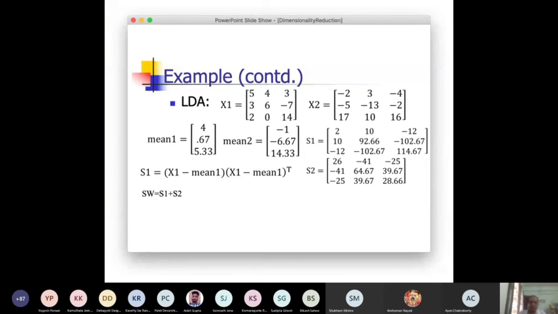Now you tell me what the solution should be. What do I need to do to get the direction of maximum separability for the projected space?